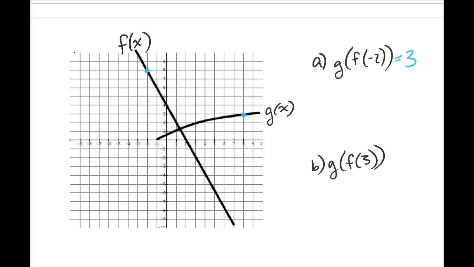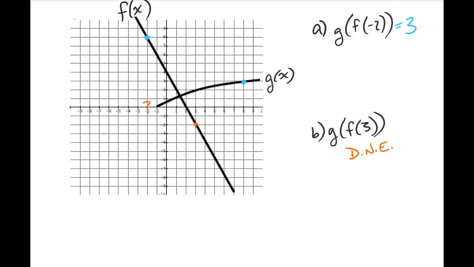Conversely, if I'm looking at f when x equals 3, it's -2, so I'm going to go to -2. Well, g does not exist at x equals -2, so we would say that does not exist. It's outside of its domain.